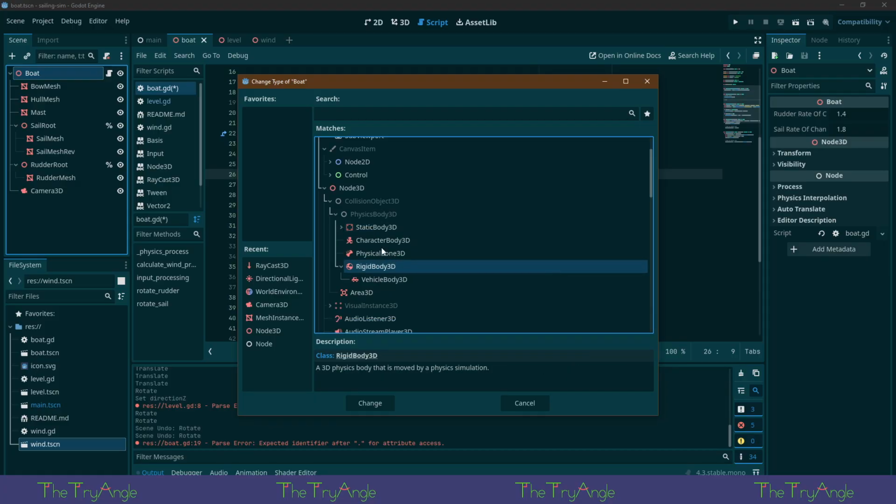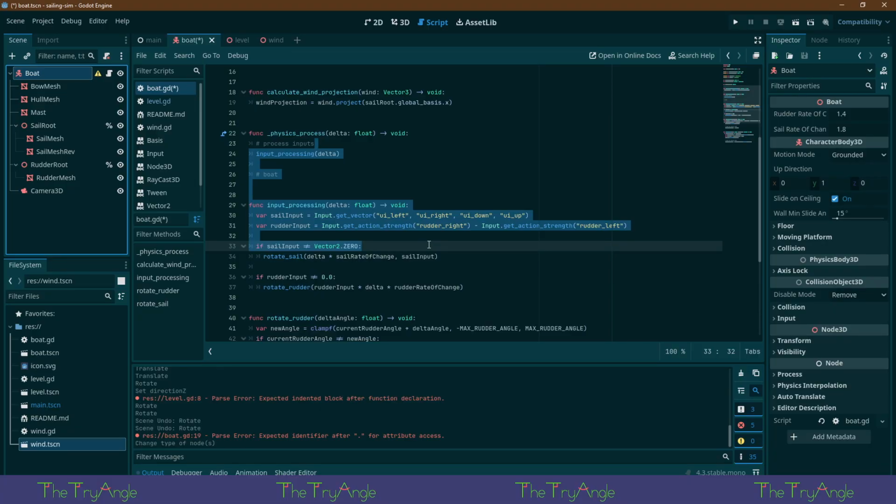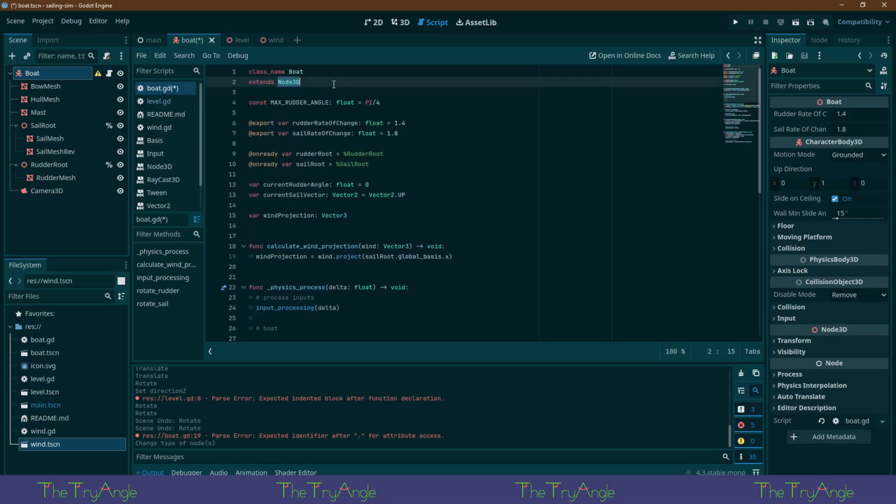We'll do the rigid body because we don't have... I don't know, maybe I should do character body. As it says moves by script, so let's do that.